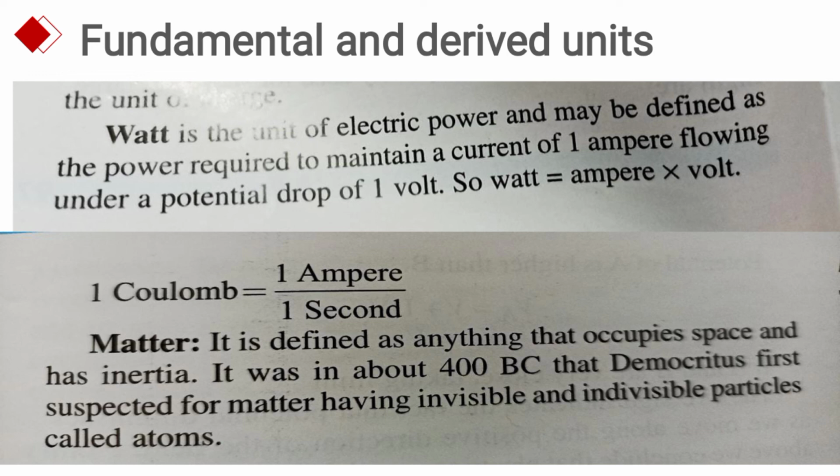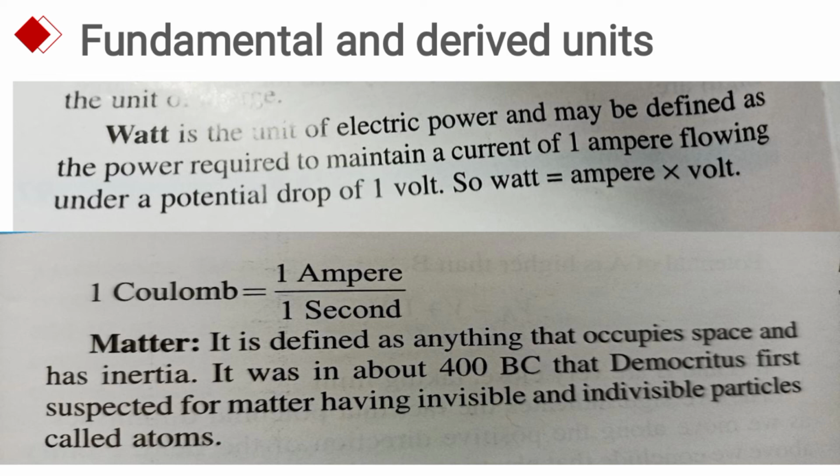And let's revise their units. Length has meter, mass has kilogram, time second, temperature Kelvin, luminous intensity candela, electric current ampere, amount of substance has mole as its unit. Okay, and all other physical quantities are defined in terms of these fundamental quantities and their units as derived units.